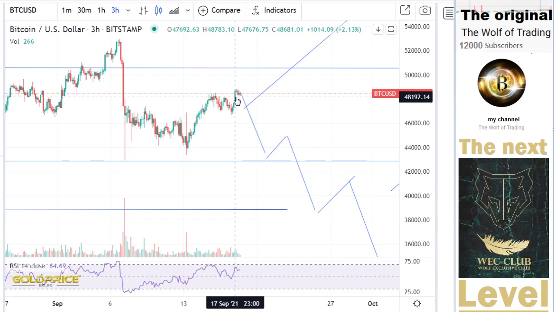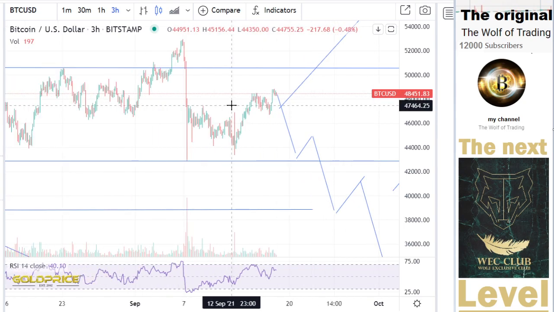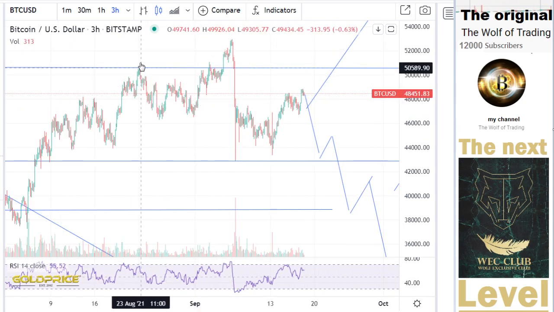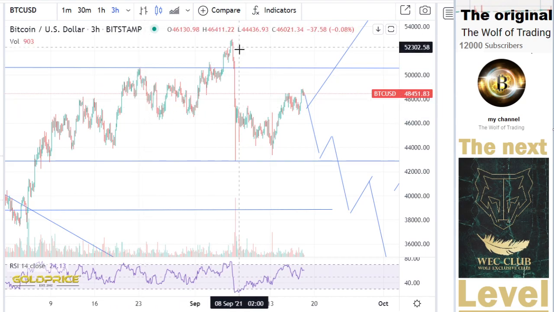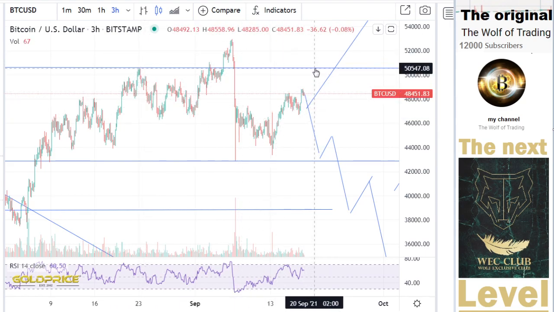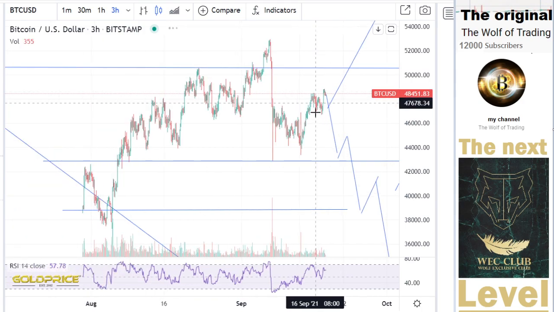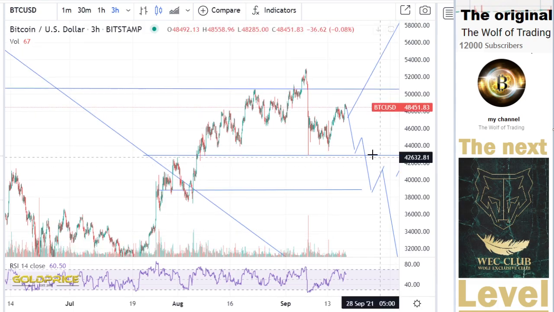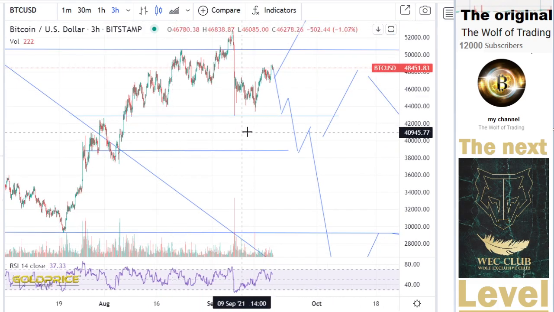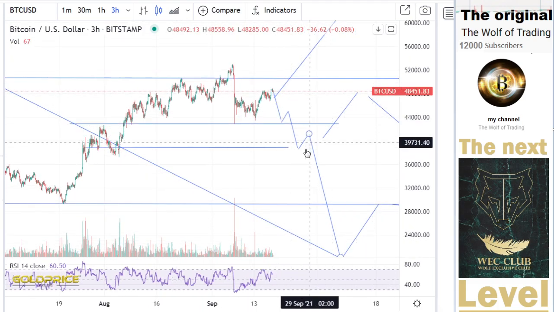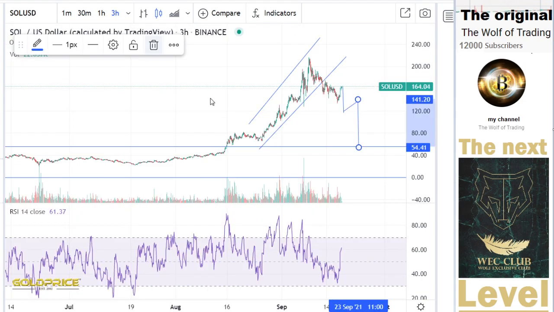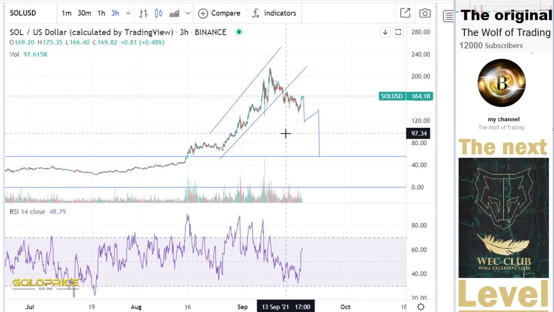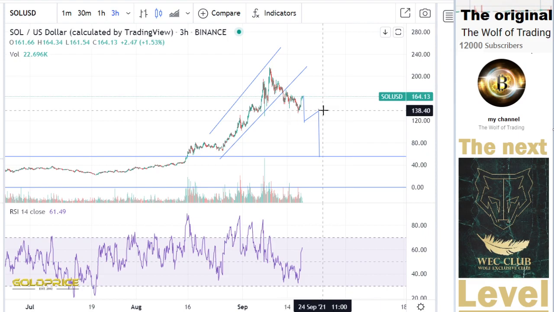I do not agree, because if you look here, we touch this line one time, two times, and maybe the third time we're going to 50,000. No matter, the trend is looking to the downside. I expect something like that. And for me, if Bitcoin goes to 38,000, then I don't think that we have the possibility or the power to go to the top side at Solana.